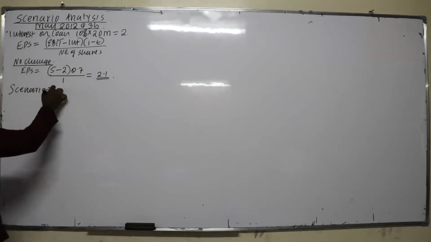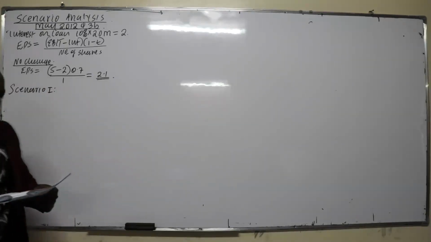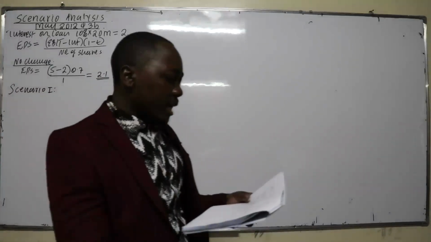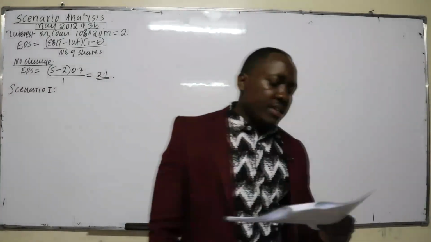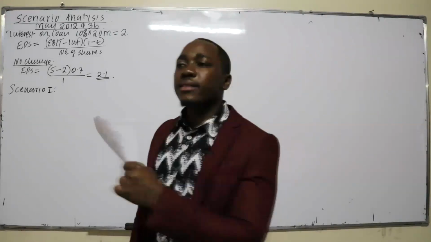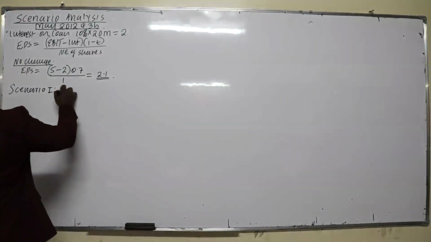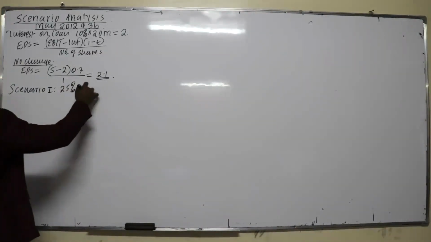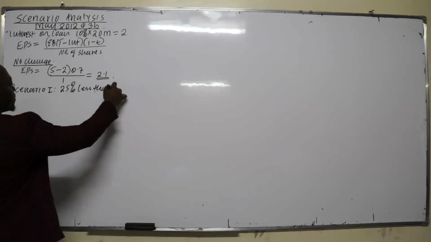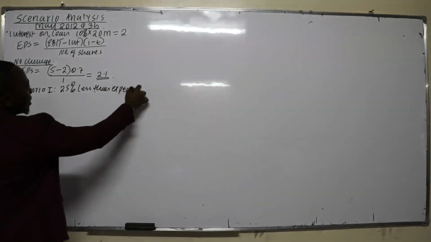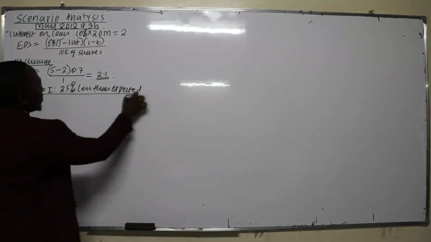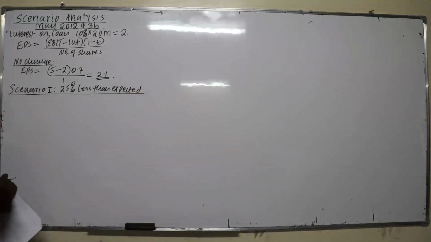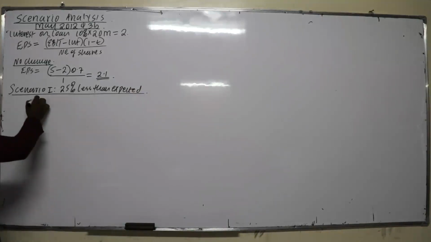Now let's separate scenario 1. Scenario 1 was a case where the earnings before interest and tax is 25% less than expected. How much is the current EBIT? 5.